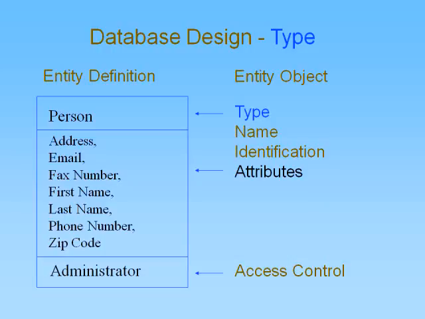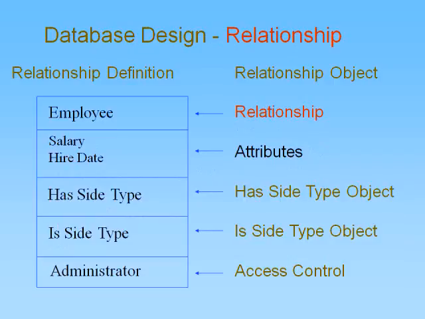When instantiating an entity object, we select a type and give it a name and an identification number. The identification number in itself or in combination with name makes an object unique. Then we add attribute values as necessary.